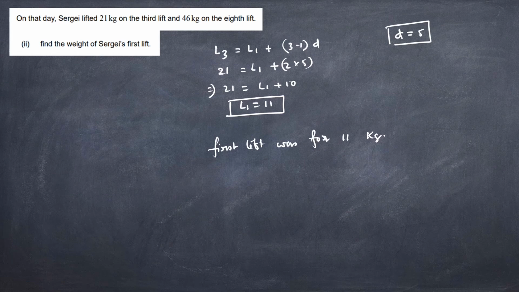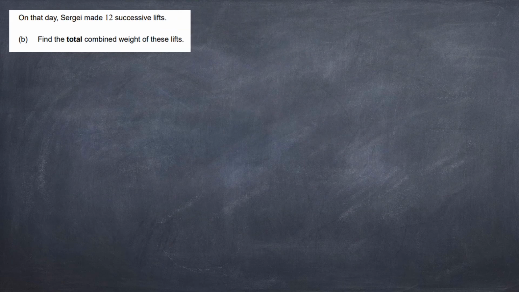Okay, now we will move towards the third question. Find the total combined weight of these lifts. He just lifted 12 times. So we need to find lift 1 weight plus lift 2 weight plus lift 3 weight plus dot dot dot plus lift 12 weight. So we will use the formula here.